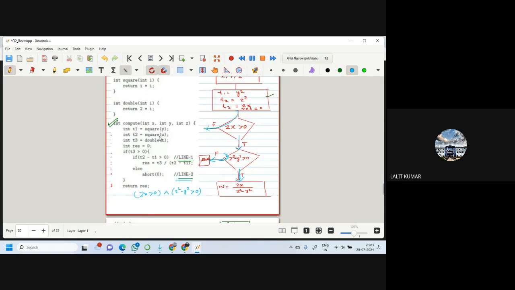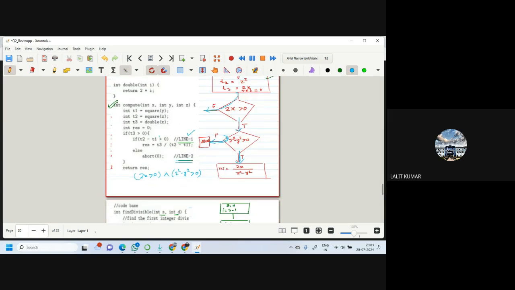They have also asked that at line 1, what are the predicates he has formed. So at line 1, he will form the predicate 2x greater than 0, and to achieve this condition, he will make z square minus y square less than equal to 0.